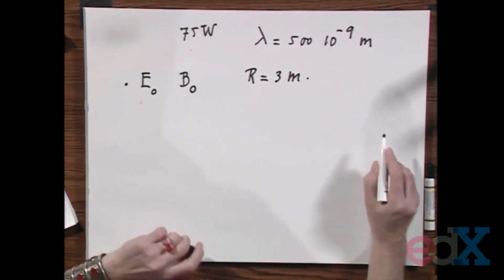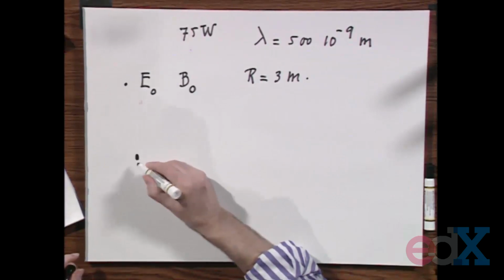Now in what follows, I'm going to pretend that I can represent this radiating source, which radiates, I hate to use that word, but it radiates photons in all directions.